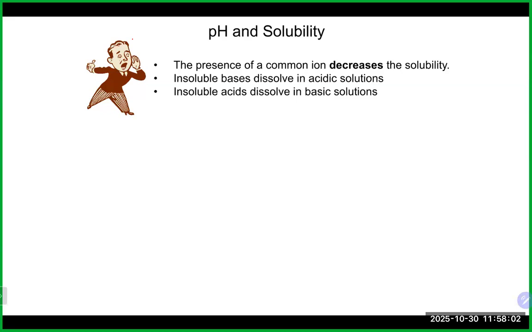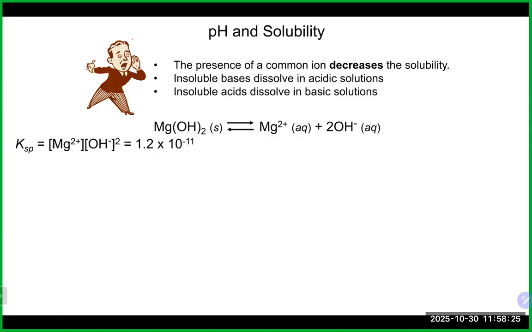So pH plays a really important role in terms of solubility. As we just saw, the presence of a common ion will decrease the solubility. Insoluble bases will dissolve in acidic solutions, and insoluble acids will dissolve in basic solutions. So the pH plays a really big role in terms of solubility.